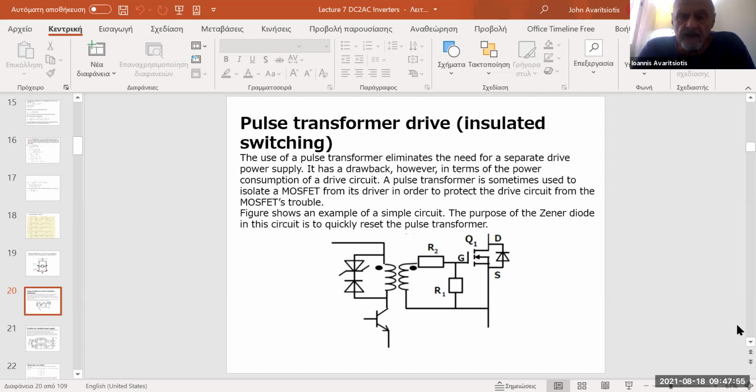And we have a Zener and a diode at the primary coil of this pulse transformer.